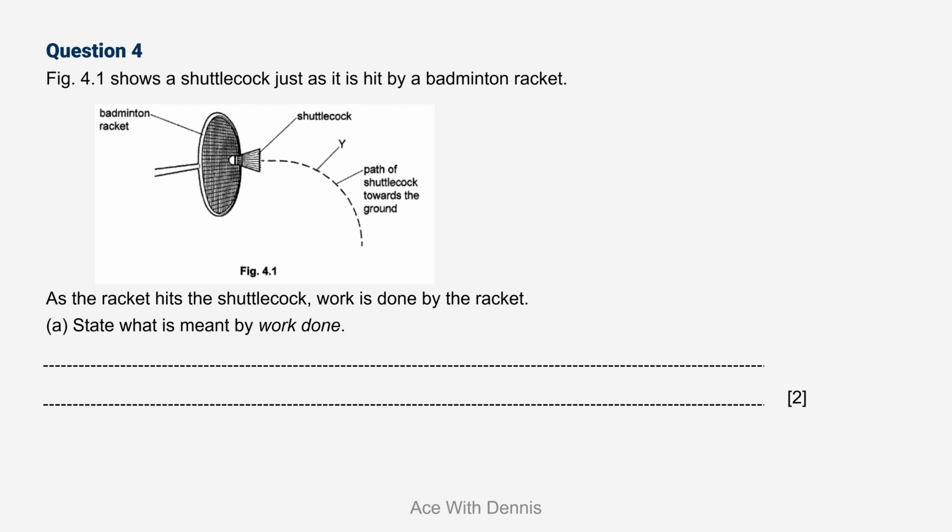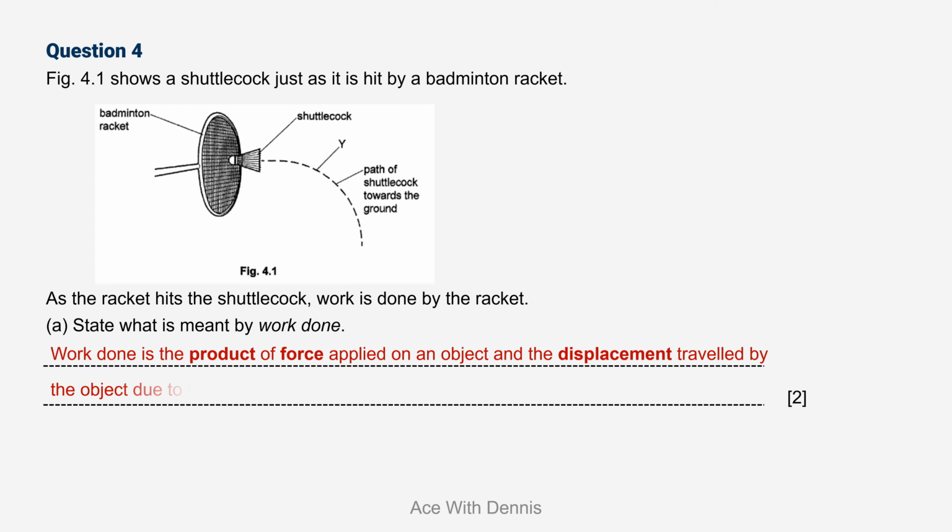You just need to write down the definition of work done, which is the product of force applied on an object and the displacement traveled by the object due to the force in the same direction as the force. Or the formula of work done, WD equals F multiplied by the distance in the same direction as the force.